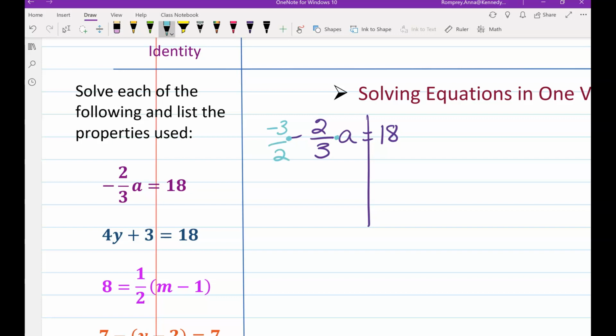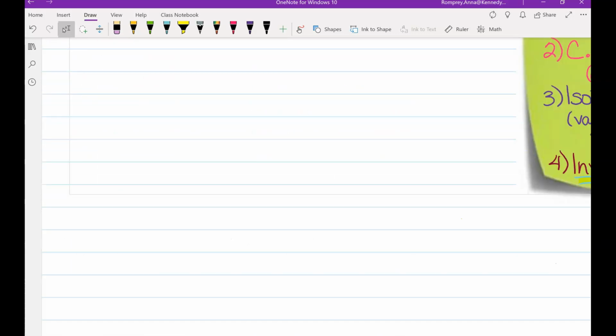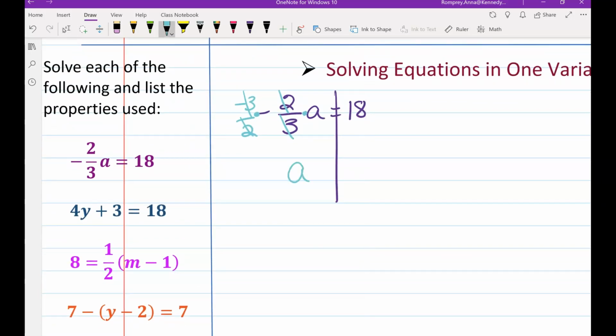It doesn't matter where you put the negative, just go ahead and attach it to either the numerator or the denominator. Because this would cancel out my 3's and cancel out my 2's, and a negative times a negative is a positive. So we're just left with a. So again, why do I draw my line?